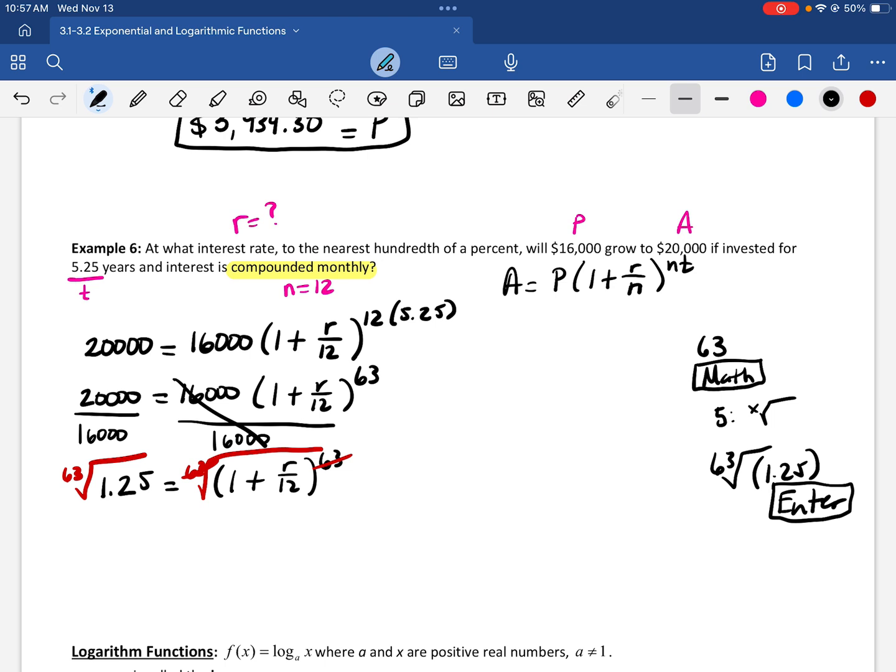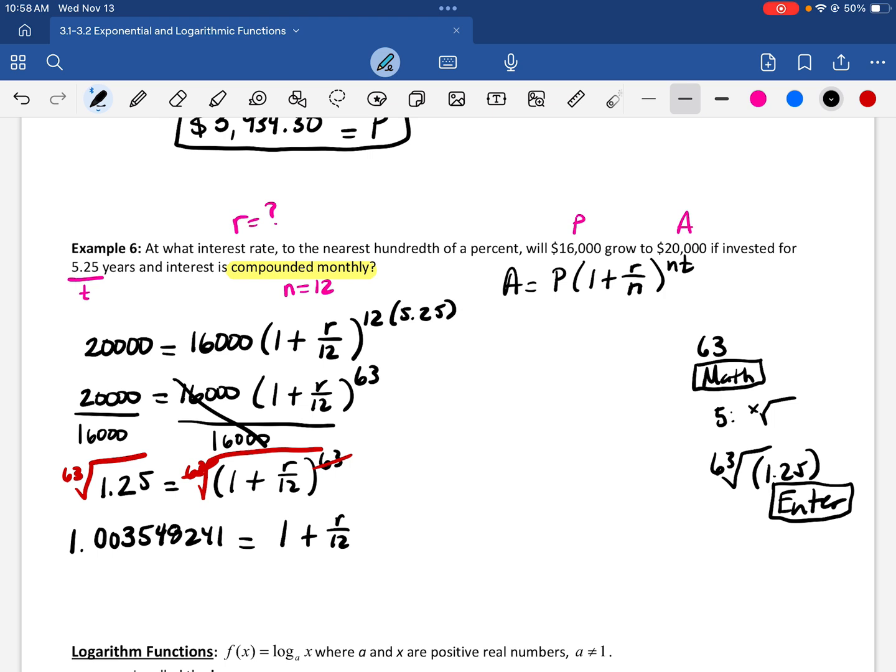So type in the index first, then go to math, and it would allow you to do the 63rd root of 1.25, and that comes out to be 1.0035482141. And then on this side we have 1 plus R over 12.